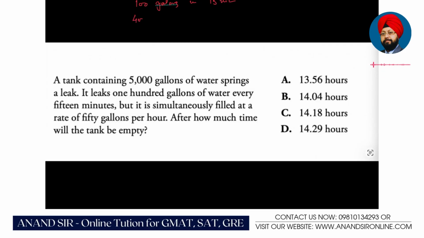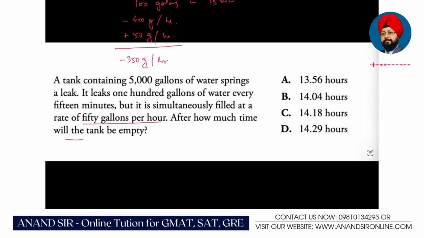It means 400 gallons per hour it is leaking. But it is simultaneously filled at the rate of 50 gallons per hour. This is leaking, but he is filling at 50 gallons per hour. It means the difference in 1 hour is minus 350, that is a leakage of 350 gallons per hour.